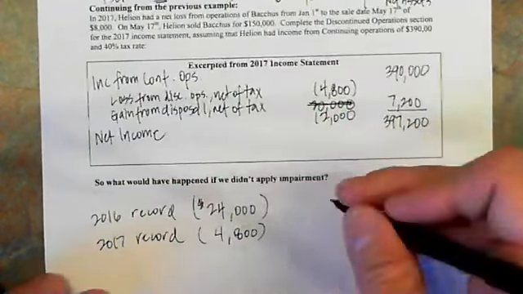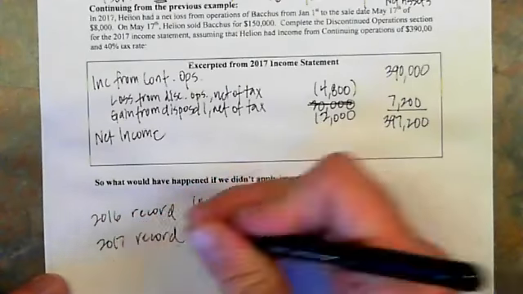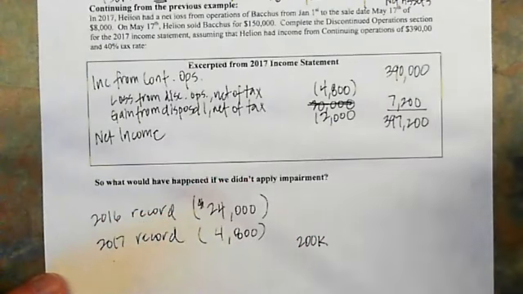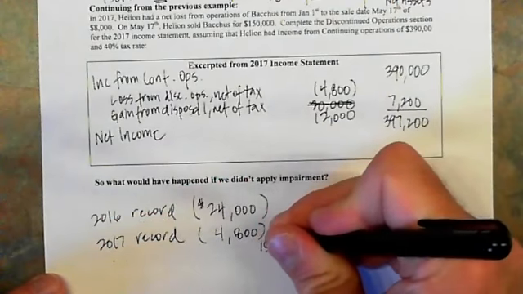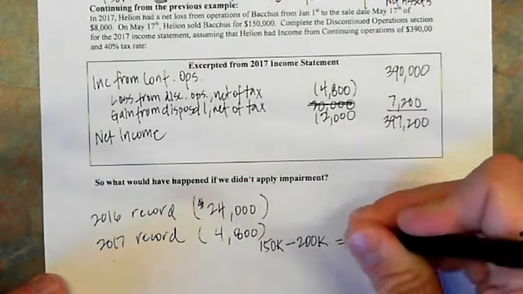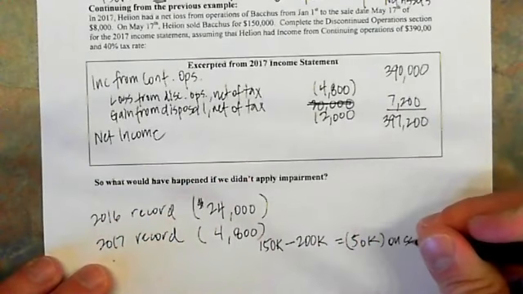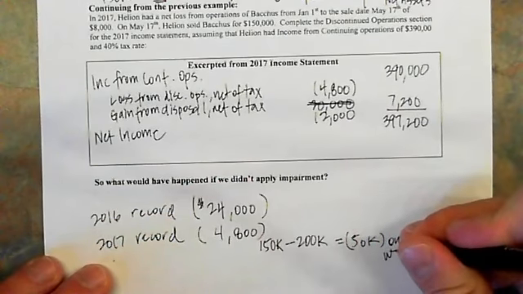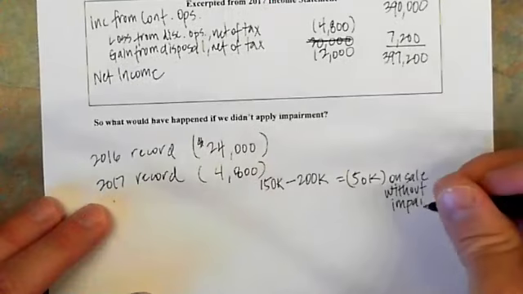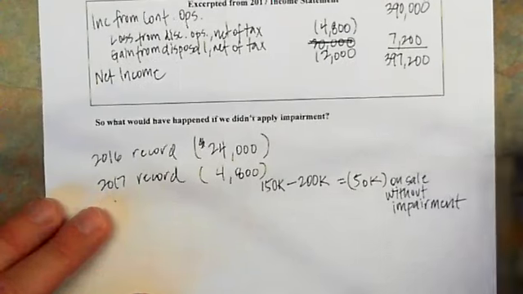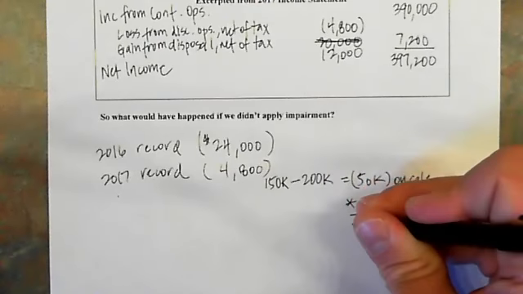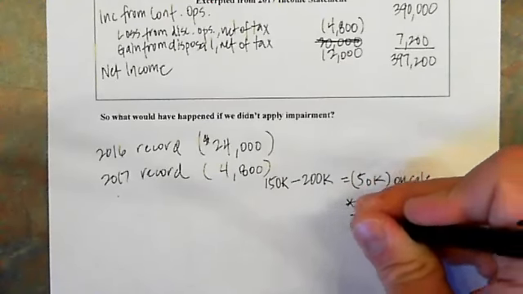But since we didn't impair then, the gain or loss from disposal would have been $200,000 of book value, $150,000 of sale price, which would result in a $50,000 loss on sale without impairment. Okay. Now, again, take the after-tax tax rate on that. It's a $30,000 loss.